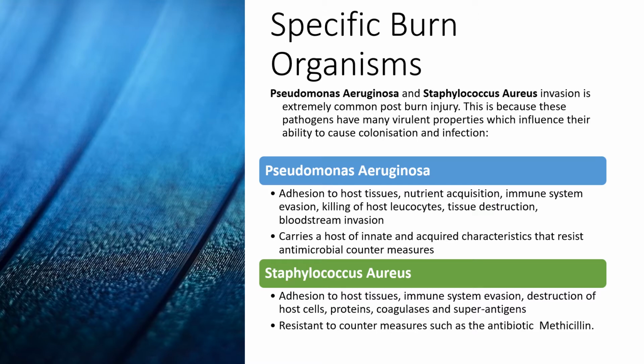And it has a known resistance to countermeasures such as methicillin. So these are extremely common bacteria, and they are common because these pathogens have many virulent properties which influence their ability to cause colonization and infection.